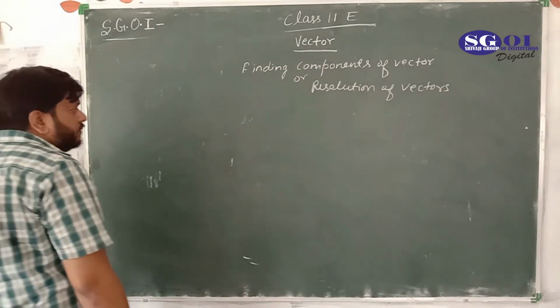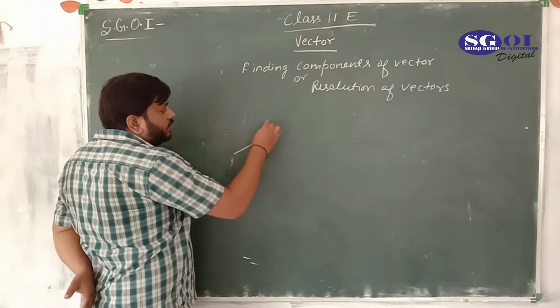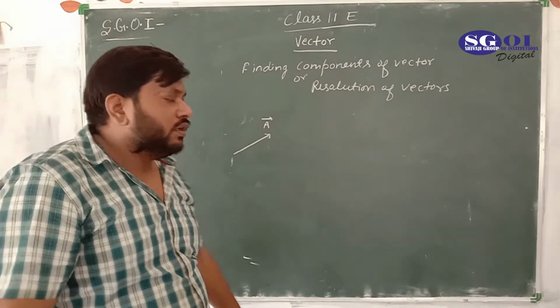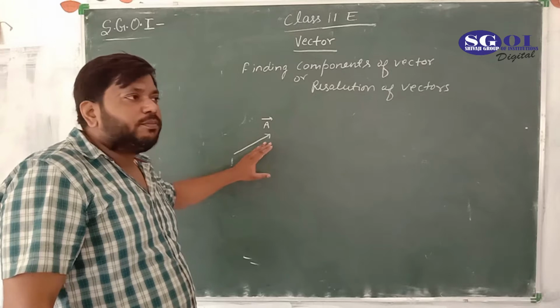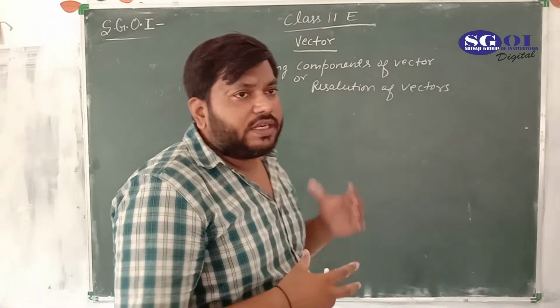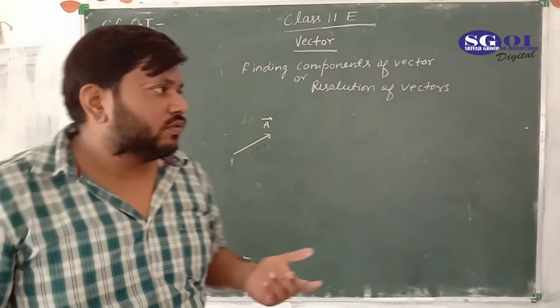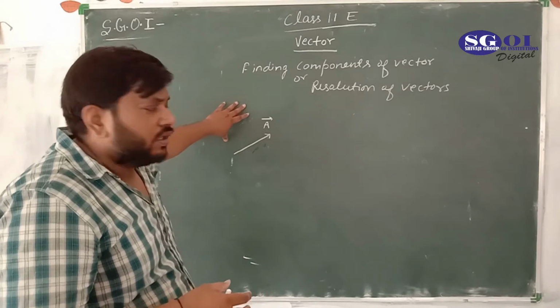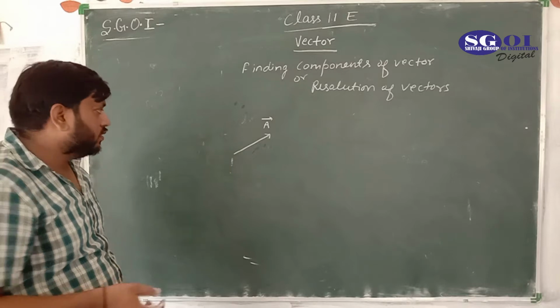Let's understand. Suppose we have a vector, let's say this is vector A, and we want to find the component of this vector. Component means here, students, that this vector is made up of other vectors. This is the resultant of other vectors. So we want to find the components of which it is made up.